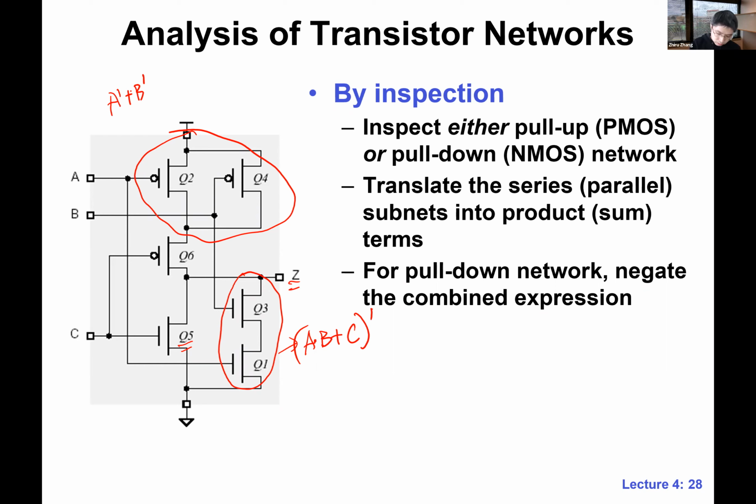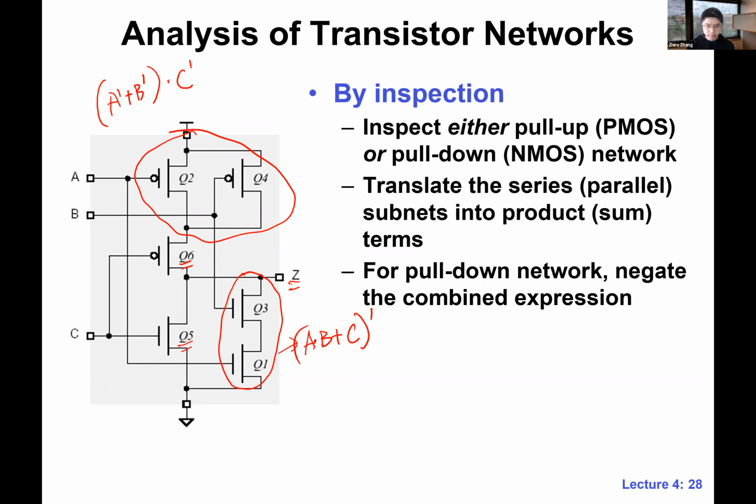All right, how about Q6? Q6 is connected in series, right, to this parallel structure. How do we combine Q6? We just need to AND C naught, right? And this is the same thing, right?